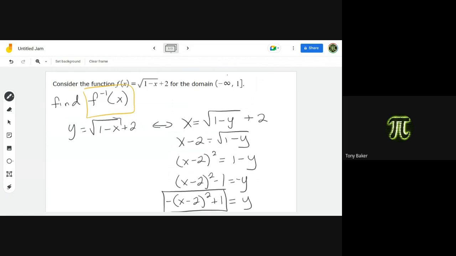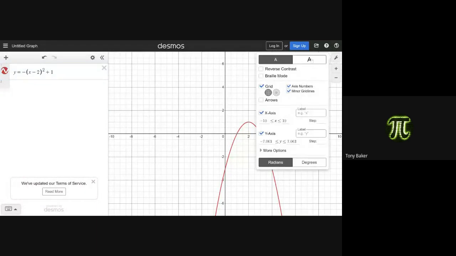Now, this one's got that piece right there. So remember, the square root function doesn't exist when it's negative, right? So in this case, it only exists from -infinity to 1. Inverses are inverses of each other. So if I looked at this function right here, I'm going to graph it real quick. You would get this.